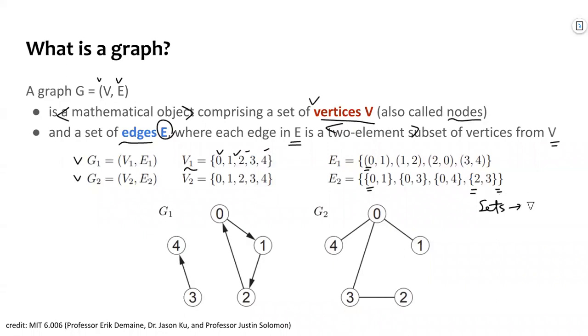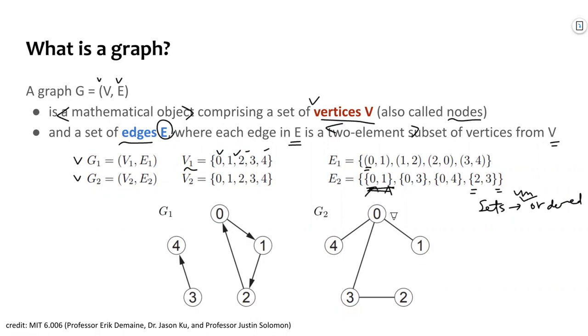It is that they are not ordered. So they are unordered in the case of sets. So as you can see here, two-element subsets have 2 vertices, and this means node 0 and node 1 are connected by this edge.